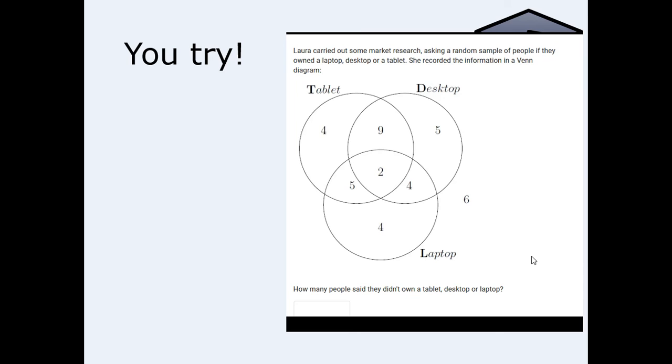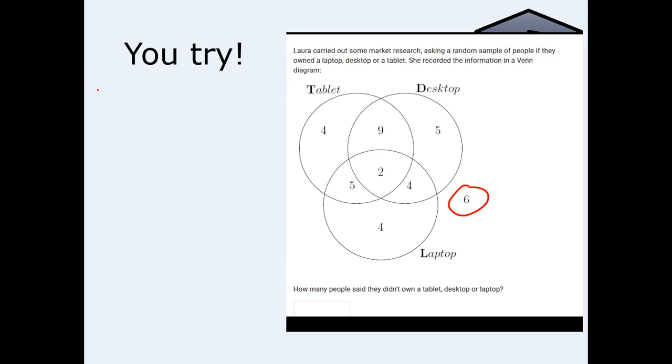So how many people didn't own any of those things? Okay, so hopefully you're telling me that the answer is 6. 6 people didn't own any of those things.